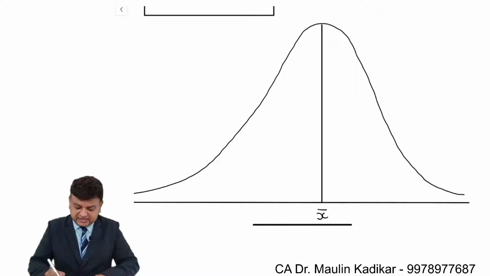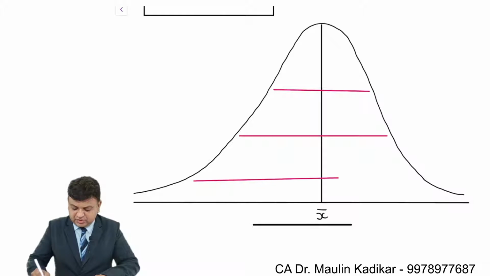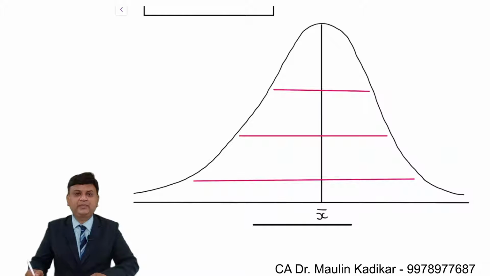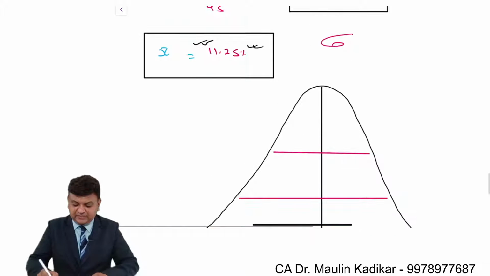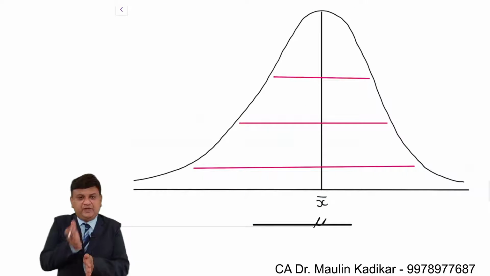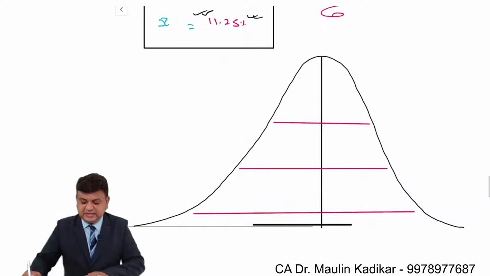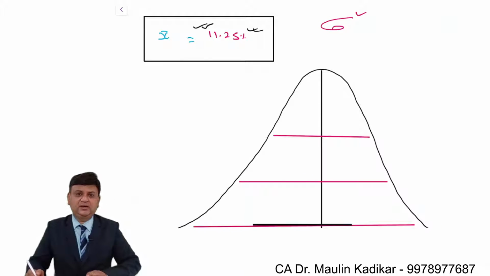So we understand it is like this. Standard deviation is indicating what would be the volatility of the actual return from the mean return, and it is measured by way of standard deviation. That is what the standard deviation is indicating.